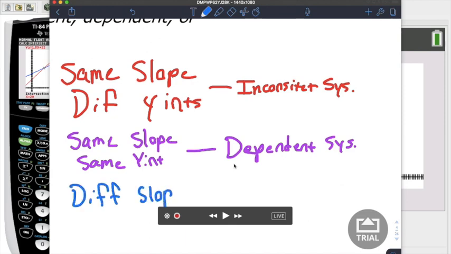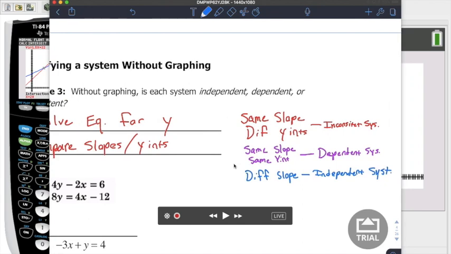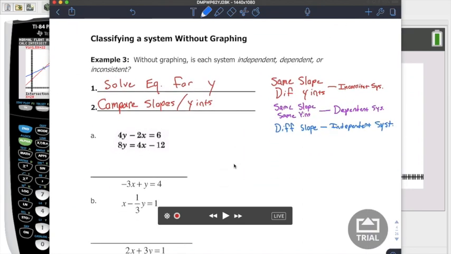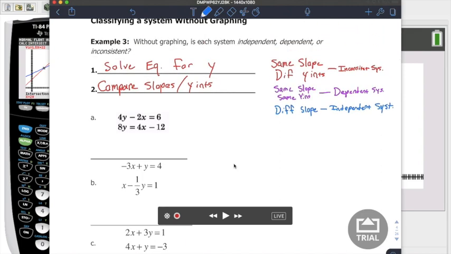It doesn't even matter if they have the same y-intercept or not, but if they have different slopes, that means it's an independent system. So that would be good to write down, and then we're going to go and actually apply it here on, I think, 4 of these.